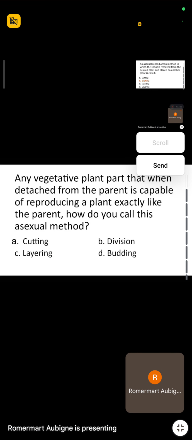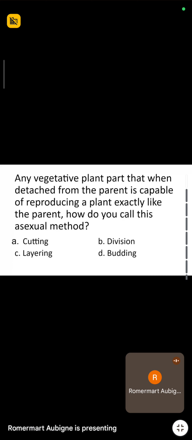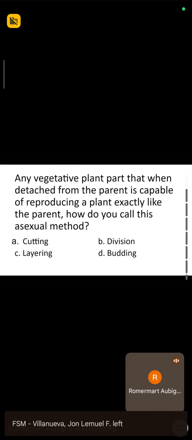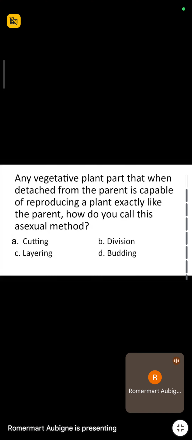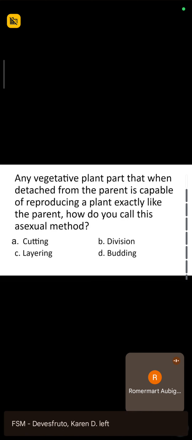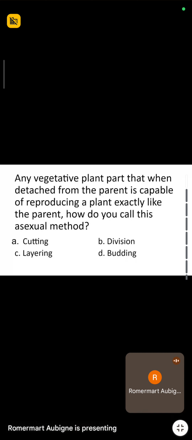Next, any vegetative plant part when detached from the parent is capable of reproducing a plant exactly like the parent. How do you call this asexual method? A. Cutting, B. Division, C. Layering, D. Budding.